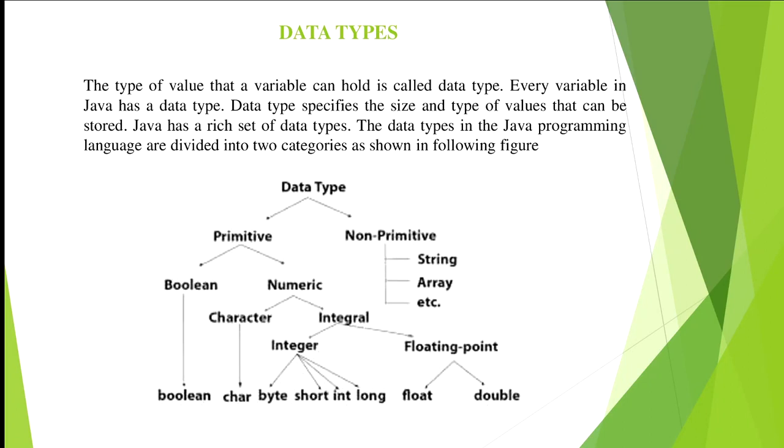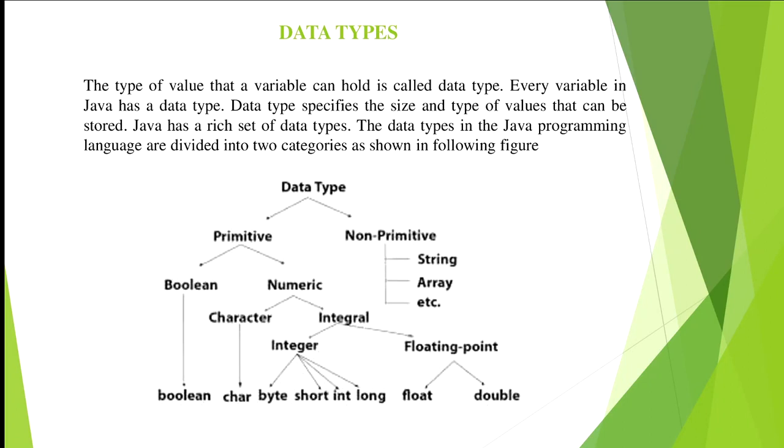Every variable in Java has a data type. So what do you mean by data type? The type of value that a variable can hold is called data type. And remember, the data type always specifies the size and type of values that can be stored into the variable.